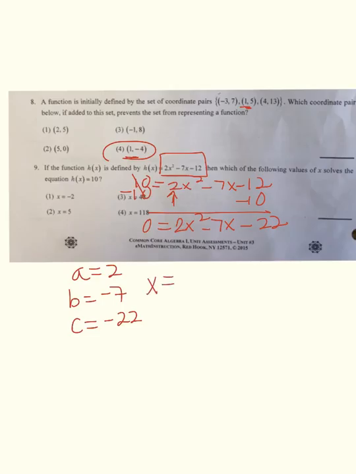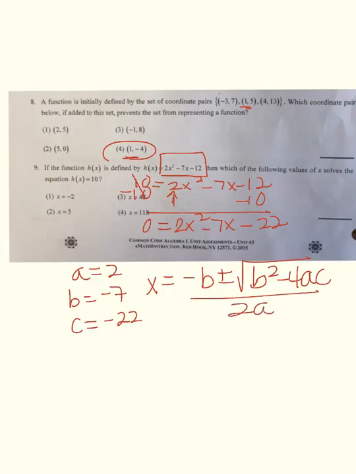x is equal to negative b plus or minus the square root of b squared minus 4 times a times c, all over 2a.